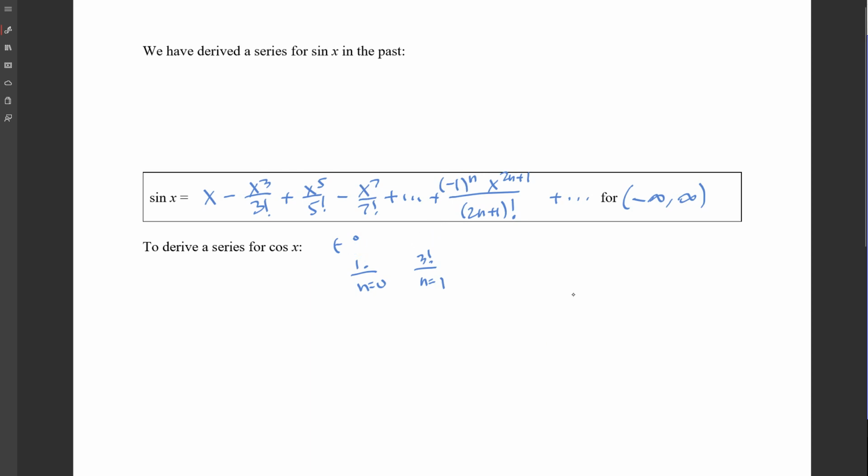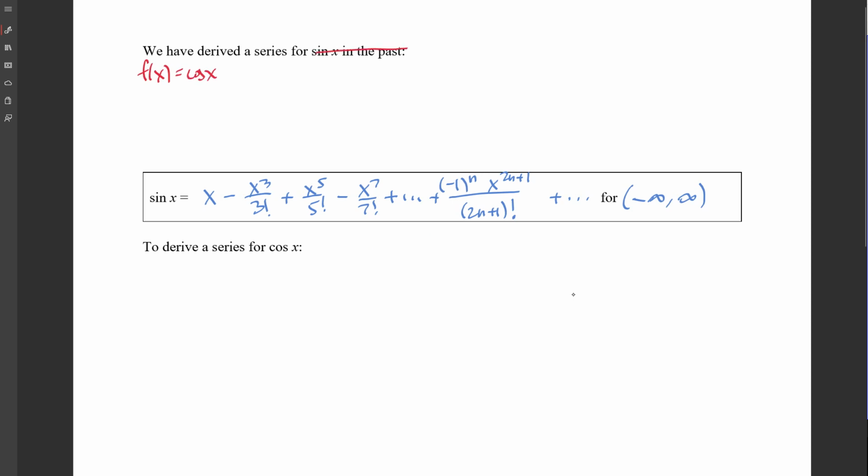Now, if we know the Taylor series for sine x, how do we get the Taylor series for cosine x? Well, definitely one way to do it is actually making a table for cosine x. So if we made a table for cosine x, what would it look like? We would say f of x is equal to cosine x.